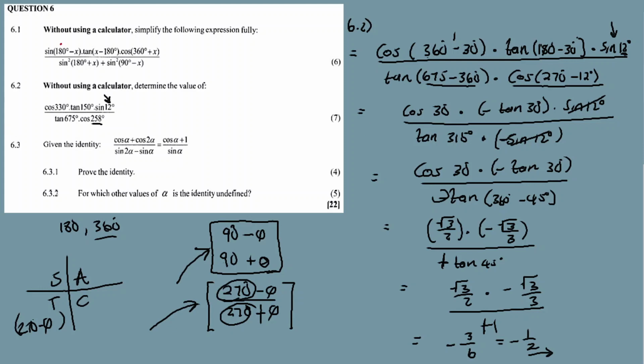6.3, now we are at identities. 6.3, prove the identity in 6.3.1. Okay, this one is obvious. We just take the left hand side and simplify. Sine double angle, there's nothing to simplify on the other side. So let's take the left hand side.